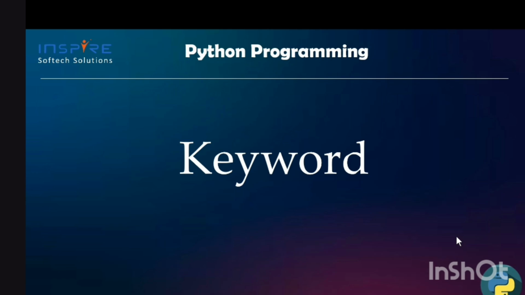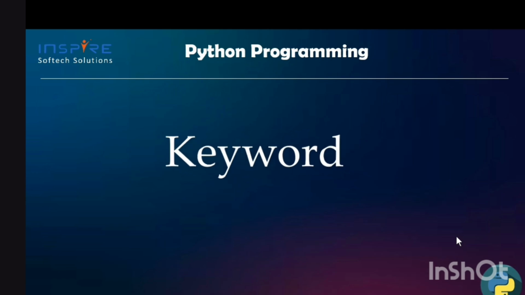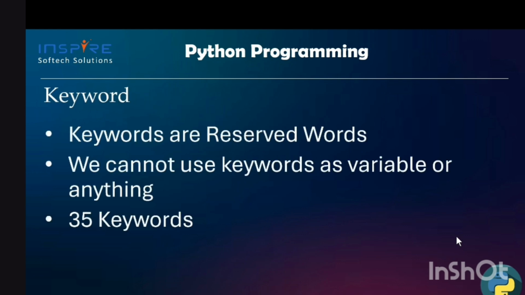Next we will go for keywords. We are using Python functions, numbers. In Python, keywords are called reserved words. So we cannot use a keyword as a variable or anything. In total we have 35 keywords. Each language has some reserved keywords.